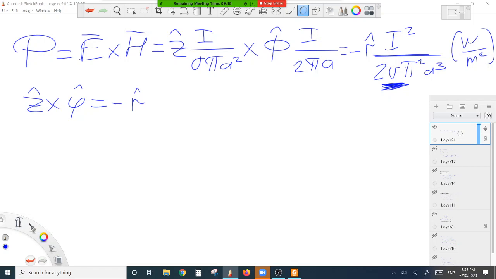Again, all the time derivatives are zero, which we have already discussed, and the total power is equal to the integral over the surface S of P ds.